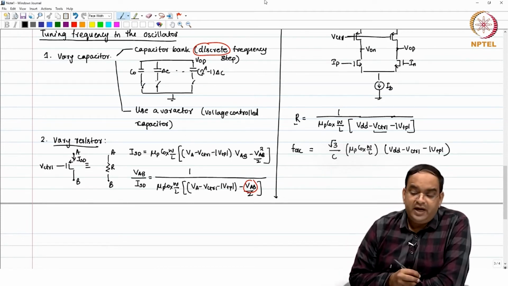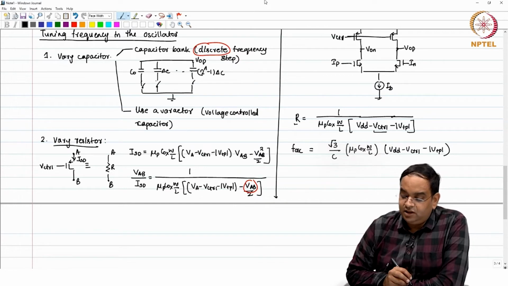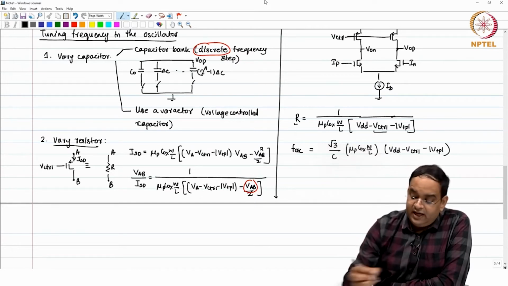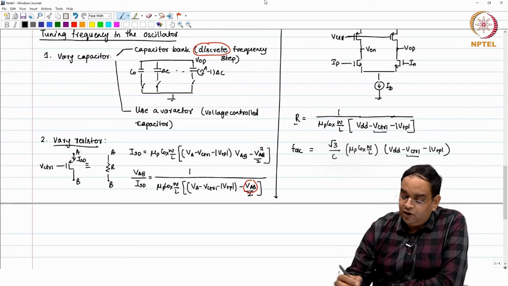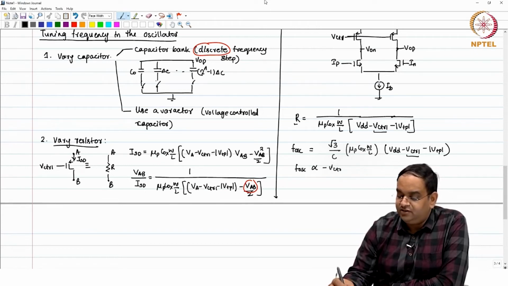Okay. So, by replacing your resistor with a MOSFET, you can actually control the output frequency. So, I can write this as proportional to minus V control.